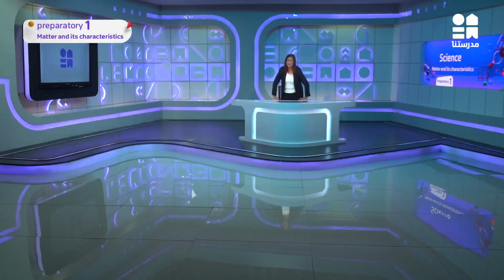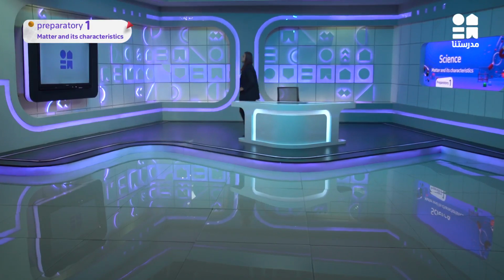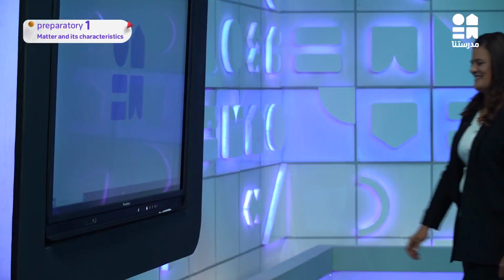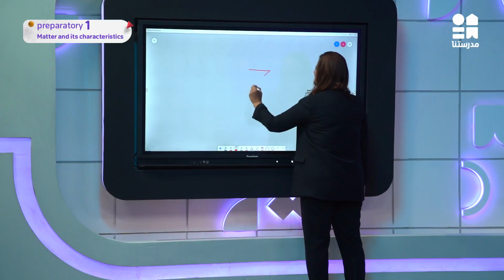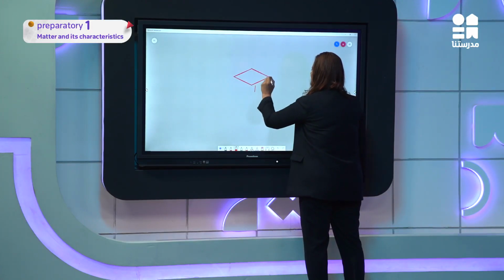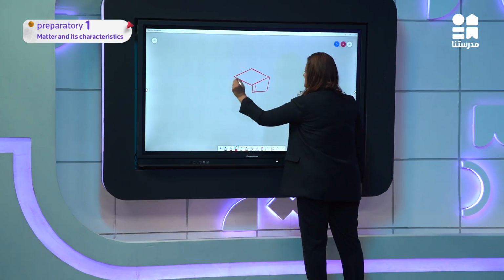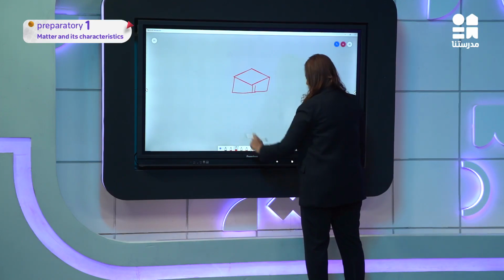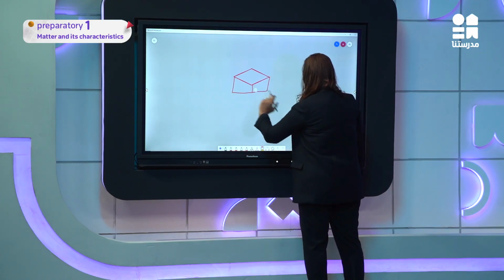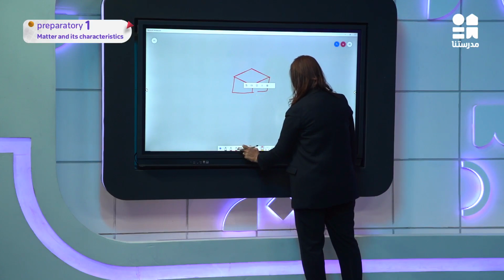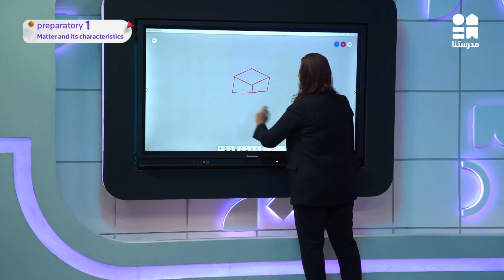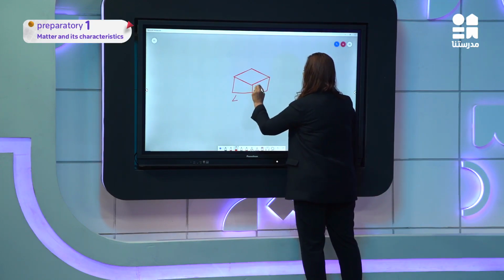Let us explain what is meant by cubic centimeter. Concentrate with me. We have here a cuboid, like this. This cuboid has length, height, and width.